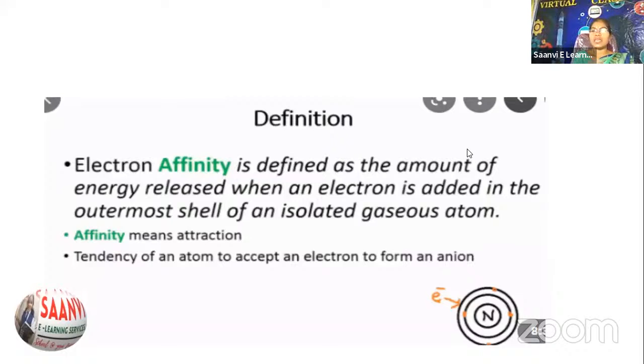Can anyone say what is the difference between these two? Both depend on electrons only, adding or removing electrons from the outermost shell or orbitals.